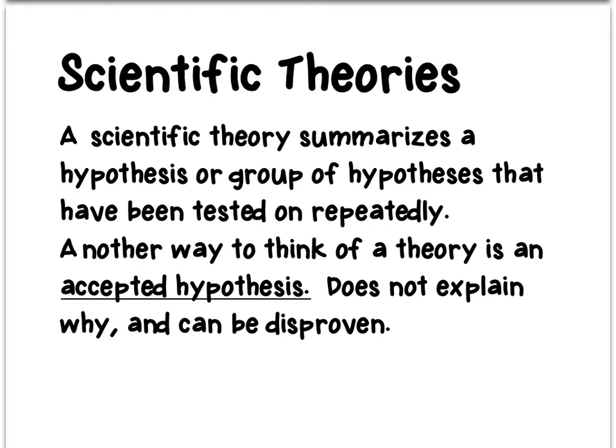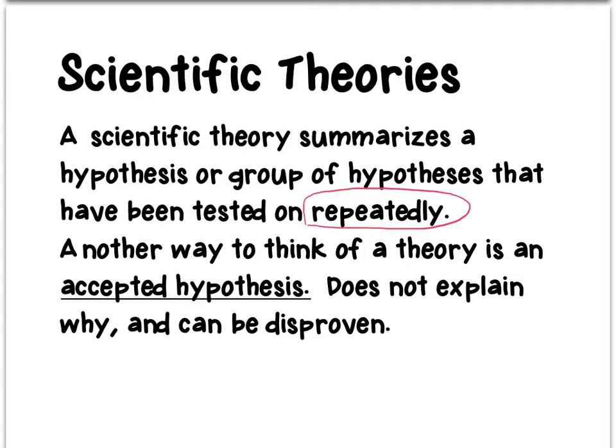All right, now that we have covered the steps of the scientific method, let's get on to scientific theory. Scientific theory summarizes a hypothesis or a group of hypotheses that scientists have come up with and that they have already tested repeatedly. That is your key word that you need to remember, repeatedly.